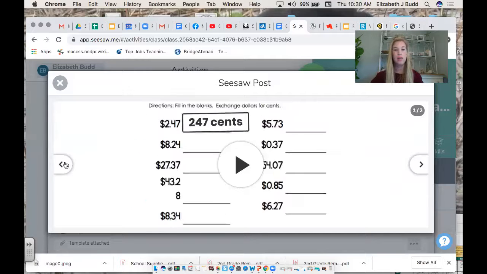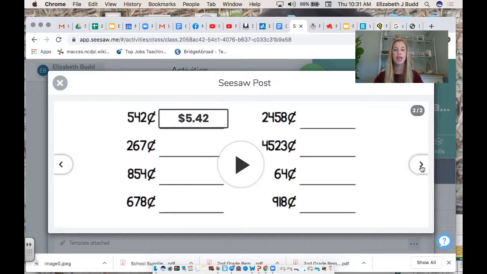What we're doing on these pages is exactly what I just did with you as the game, but you're also going to be flipping it, so you're going to be writing the dollar amount from the cent amount. So on the first page, you're going to be taking the dollar amount and turning it into cents, just like we did in our game, and I have an example there. On the second page, you're going to be taking the cents and turning it into dollars and cents, just like I have in the example here.